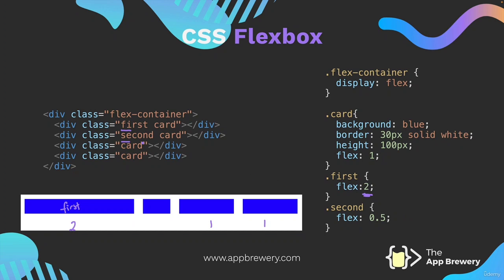And then for the second card here, I've set the flex to be 0.5. So this should have half the width of the normal cards. And by using that flex property, I've managed to set up a very complex width ratio to create this particular layout that I wanted. And as you can imagine, if we were working with floats, margin, and all of these things that we've learned about, it would be possible, but a lot more complicated to achieve this.